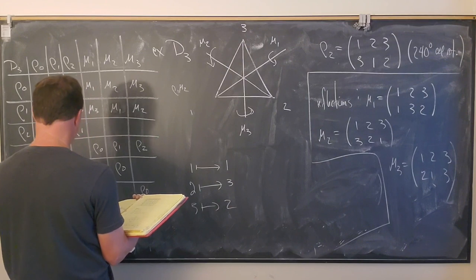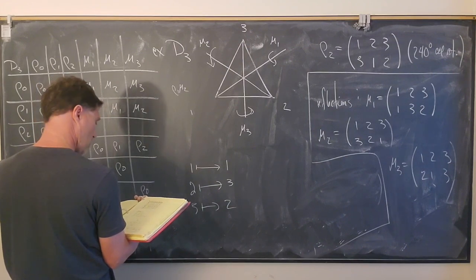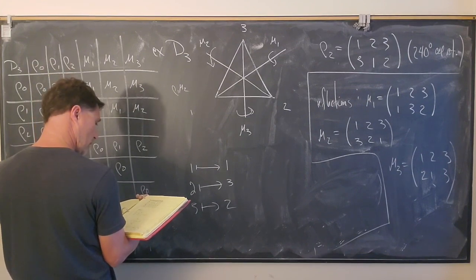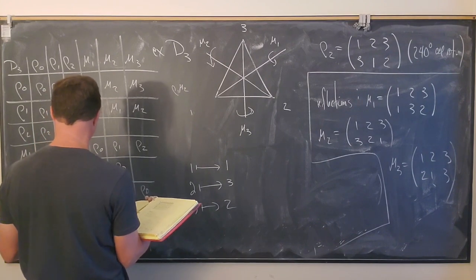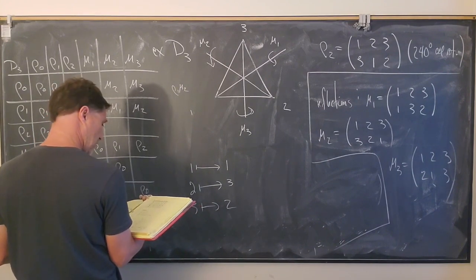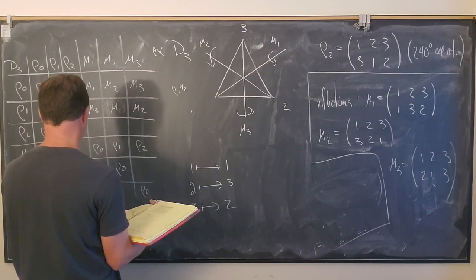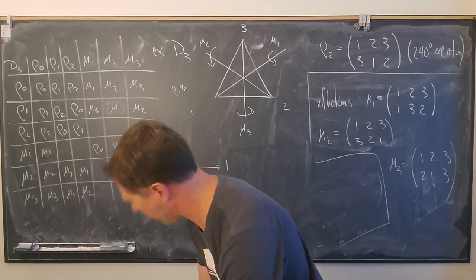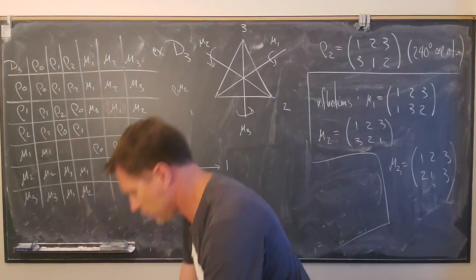Mu2, this is mu1. No, that's mu3. And then mu2 times row 2 is mu1. Down here we'll have mu1, mu2. Let me get out of the way. And let me fill in a couple more. I'll fill in that bottom row there. Row 1, row 2.